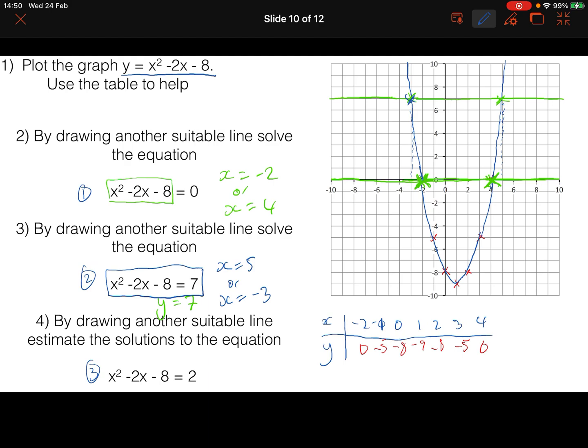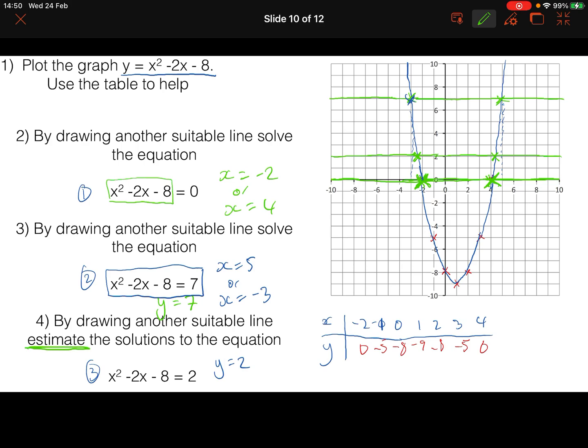This next one, we're saying x squared minus 2x minus 8 is equal to 2. So let's draw the line y equals 2. That is here. Now, do you notice that this time they do not intersect at a nice x value? They intersect here and here. But I really don't know exactly where. And that's why the question says estimate.